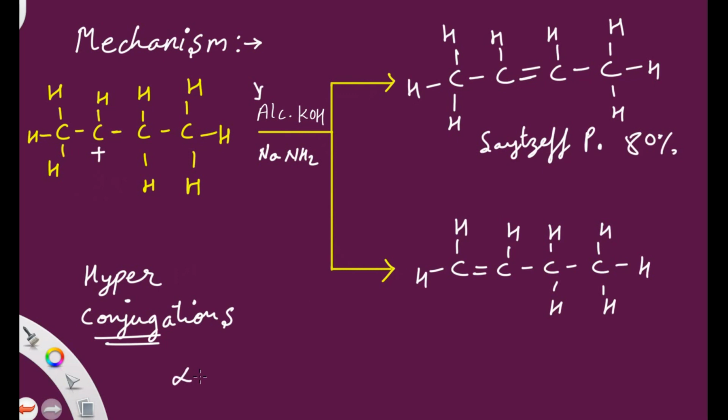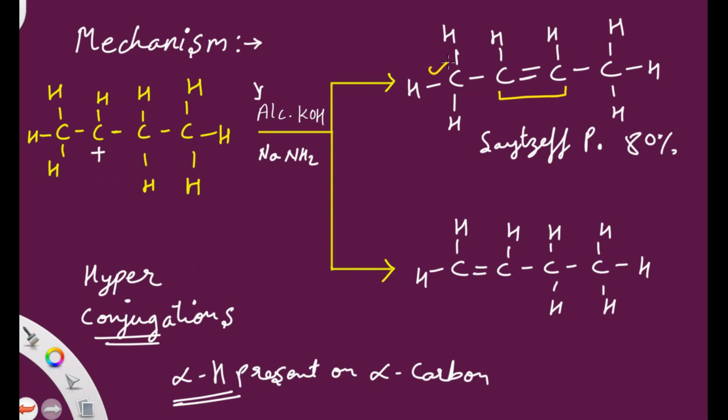That is alpha hydrogen, present on the alpha carbon. Now, how many alpha carbons are present in this particular case? This is the alkene part. The carbon next to the alkene is the alpha carbon. So here two alpha carbons are there.